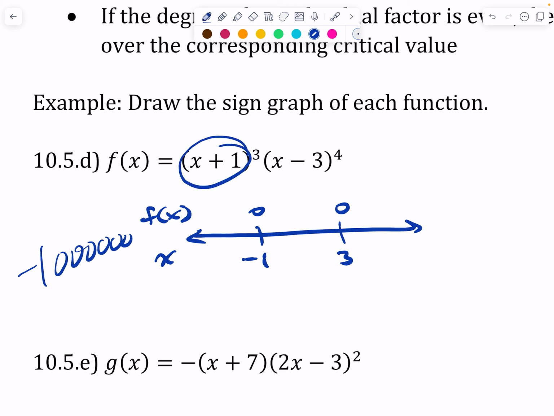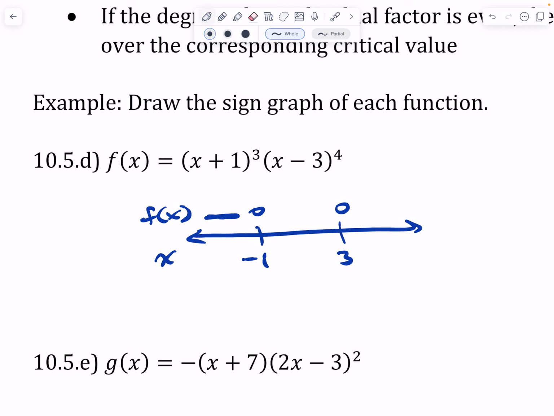That would make x plus 1 negative, and to the power of 3, that's still negative. And then x minus 3, well, who cares what x minus 3 is? It's to the power of 4, so it's never going to be negative. That's just always positive. So this, as its initial start, is negative. That's how we kick things off there.